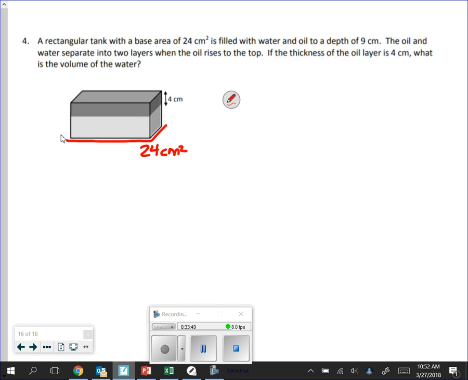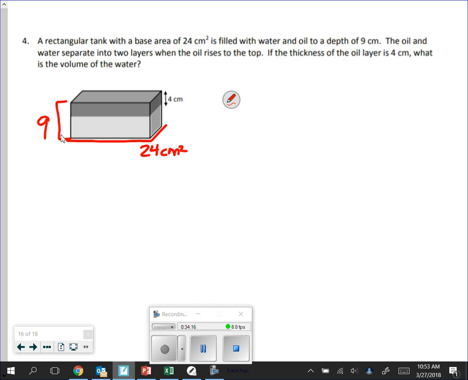There's another thing that I didn't write up there that's important: the 9. How can I use the 9? Is the whole thing 9, or just the water?